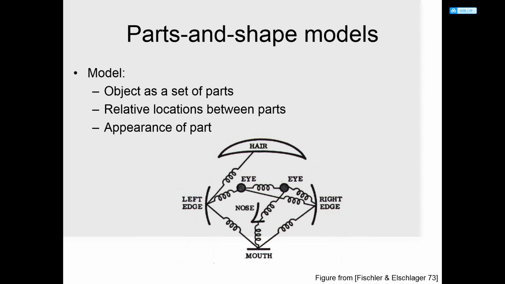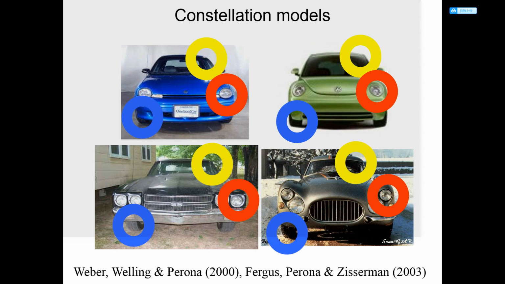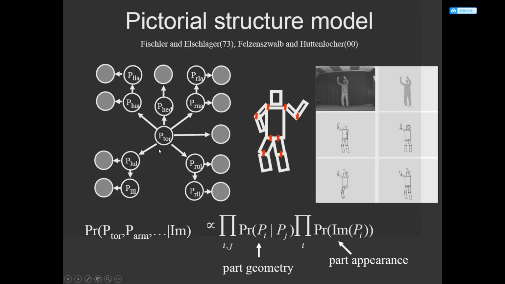The right eye should be next to the left eye and on top of the nose, and so on. So we also want to specify the relative locations of all these parts. Therefore, we have this parsing shapes model. You can use that to recognize different things, for example, cars. You expect that the headlights are here, the wheels are here, and so on.